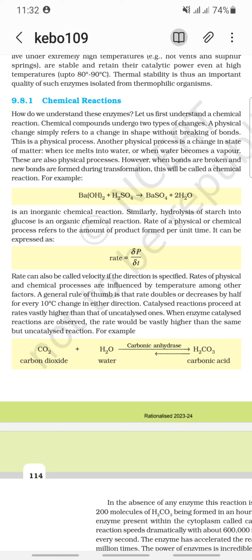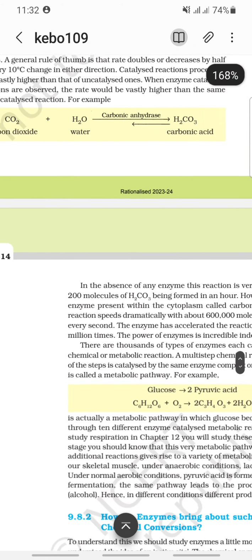Catalyzed reactions proceed at a rate vastly higher than that of uncatalyzed ones. When enzyme-catalyzed reactions are observed, the rate is vastly higher than the same but uncatalyzed reactions. For example, carbon dioxide plus water, with carbonic anhydrase, gives H2CO3, carbonic acid.